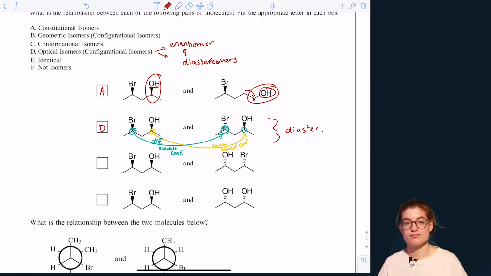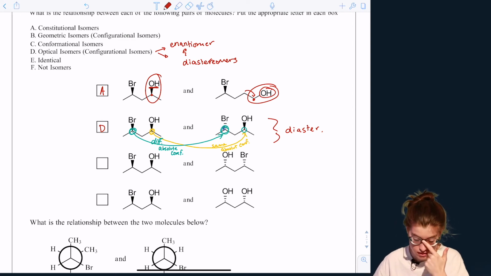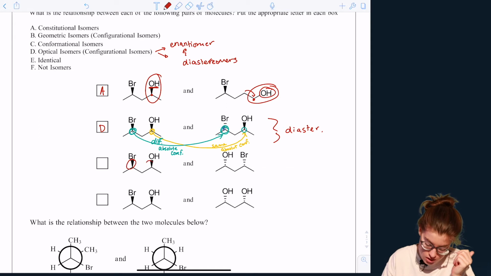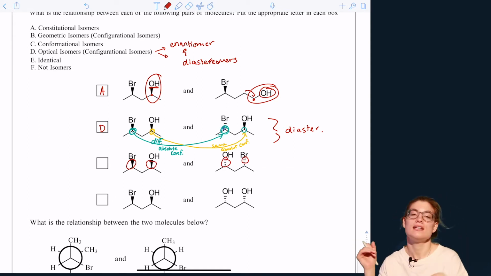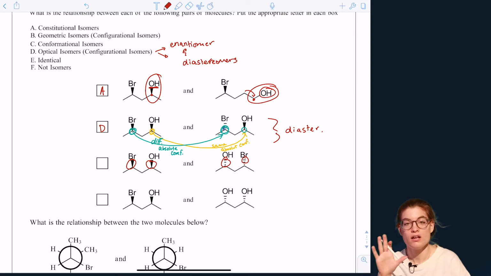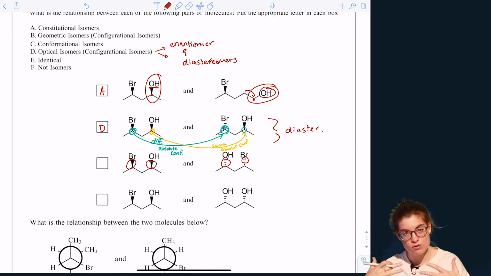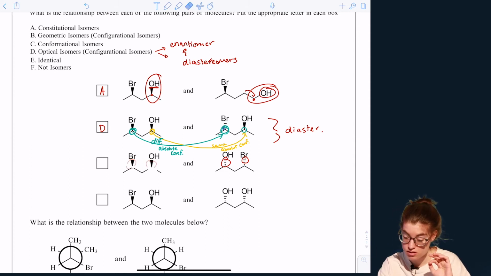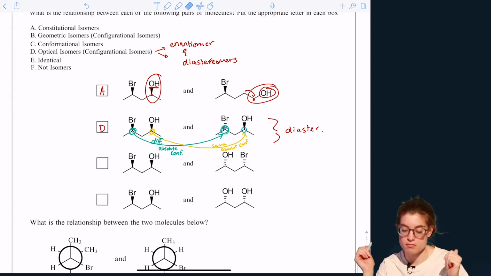So when I first looked at this, I got tricked on this one because I saw, oh yes, wedge, wedge, dash, dash. These are mirror images, which means that they're enantiomers, right? Well, I went too quickly and I didn't slow down to really examine the molecule. You want to make sure that when you're doing these questions, you're not rushing through them too quickly because you might miss a minor detail.